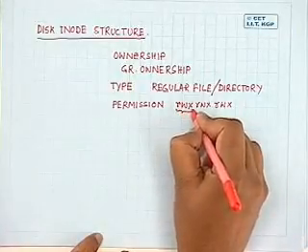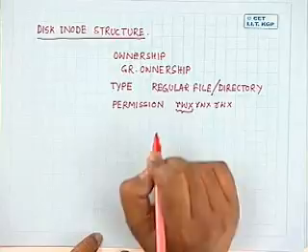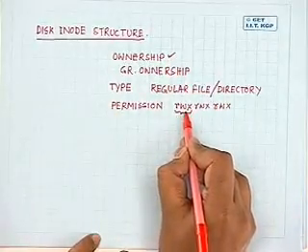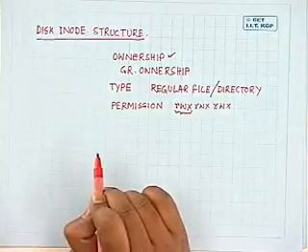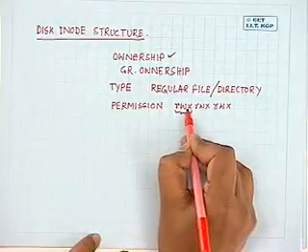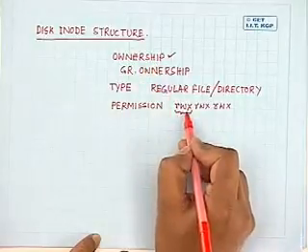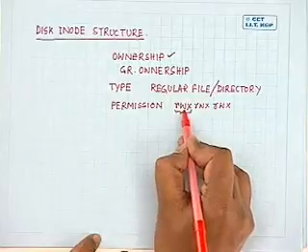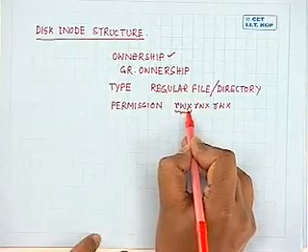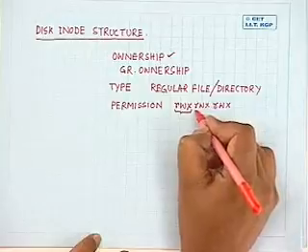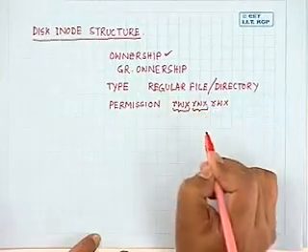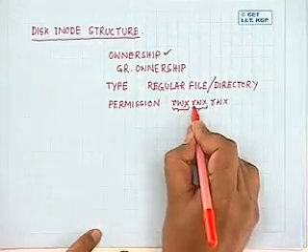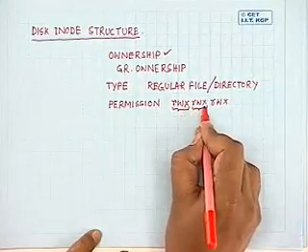The first three RWX is meant for the owner of the file. R means read permission, W means write permission, X means execute permission. So when all of R, W, and X are present, that means the owner of the file has all the three permissions. He can read the file, he can write into the file, the owner can also execute the file. The next RWX is meant for the group. That means every member belonging to the same group will have the permissions which are given in this RWX.